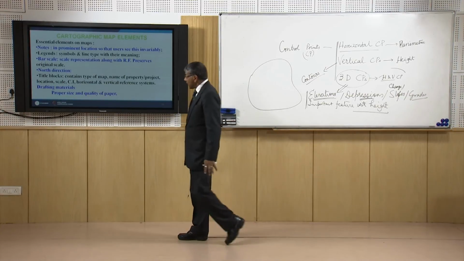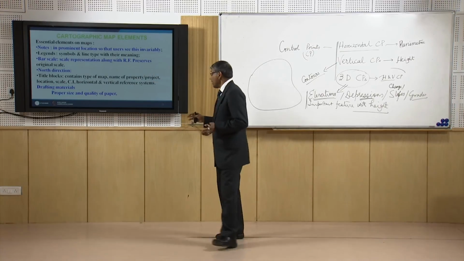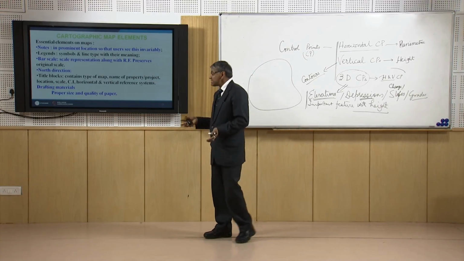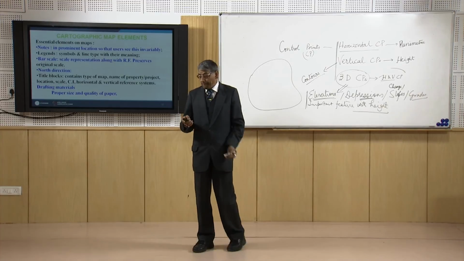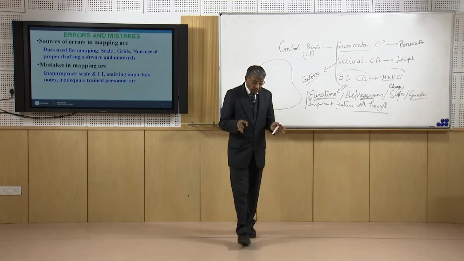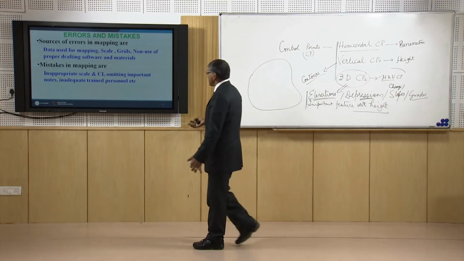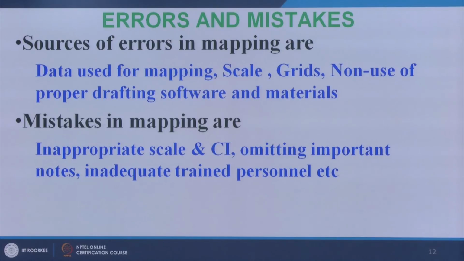And finally we should take care about the drafting material, like the size and quality of the paper. Also, during as well as before preparation, we should keep in mind that there may be large sources of errors in the mapping.